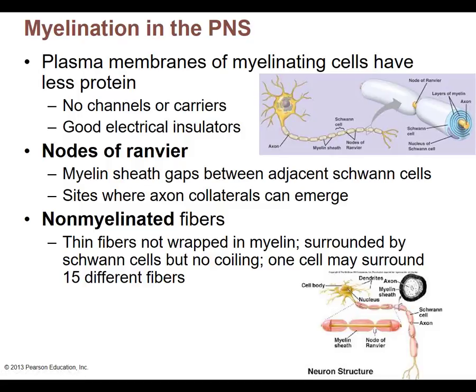They're usually surrounded by a Schwann cell. They just don't have the myelin. The Schwann cell is not making myelin. And one cell may actually surround 15 different fibers. These axon fibers are so thin we can have one cell surrounding 15 of them, with the Schwann cell just not making any myelin around them.